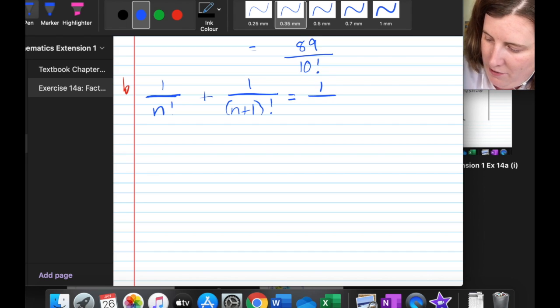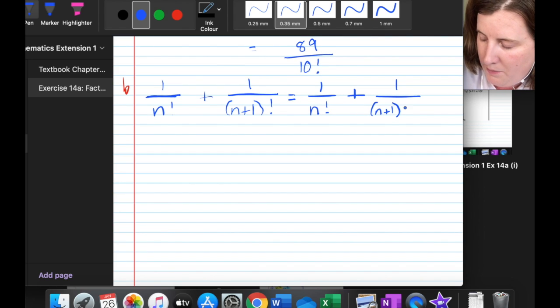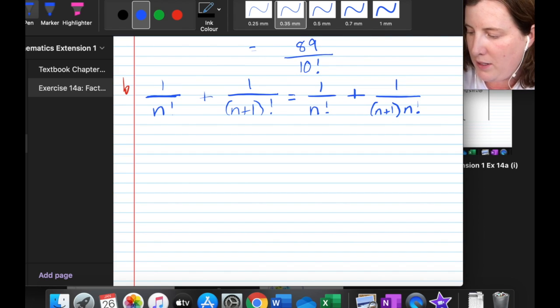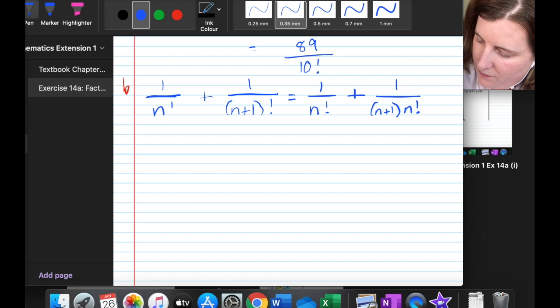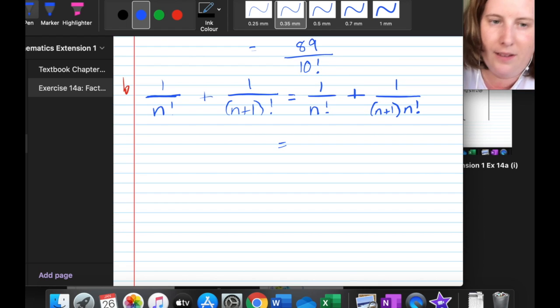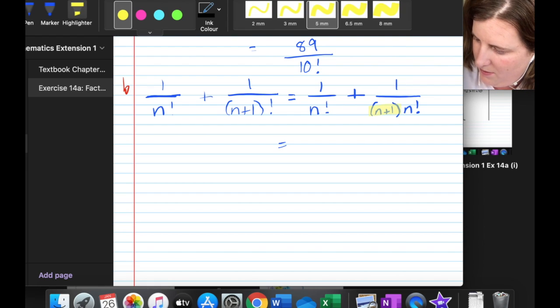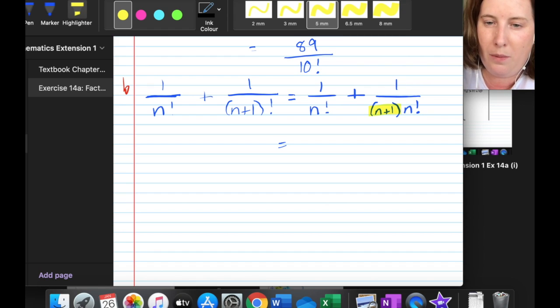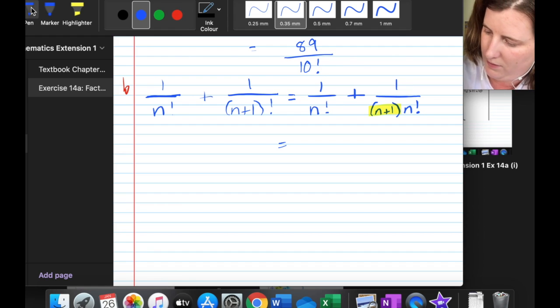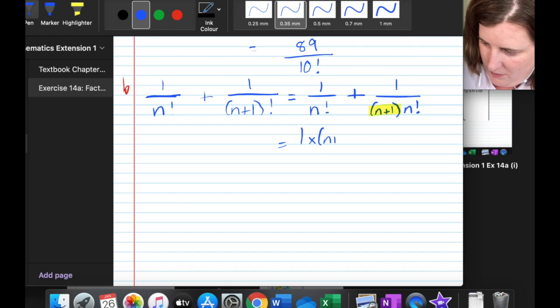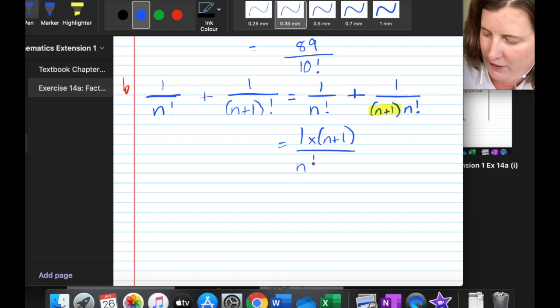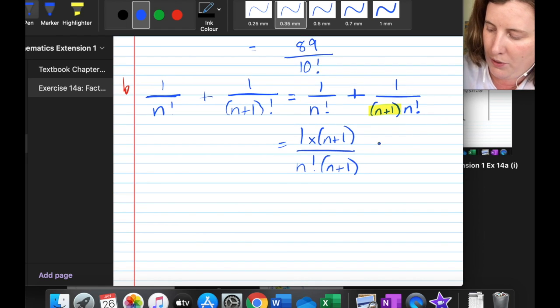So I've got my 1 over n factorial, and I know that n plus 1 factorial is the same as n plus 1 times n factorial. And I don't need to write a times in there, it's implied. Which means that I need to times top and bottom of the left fraction by n plus 1, in order to get n factorial times n plus 1 on both sides.